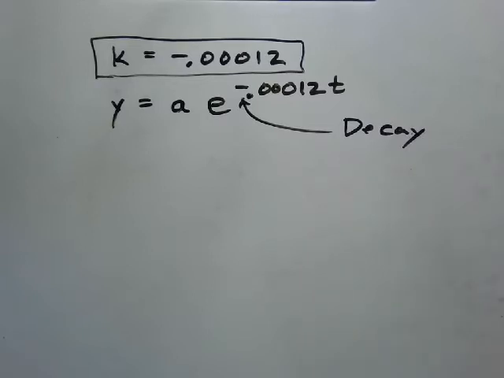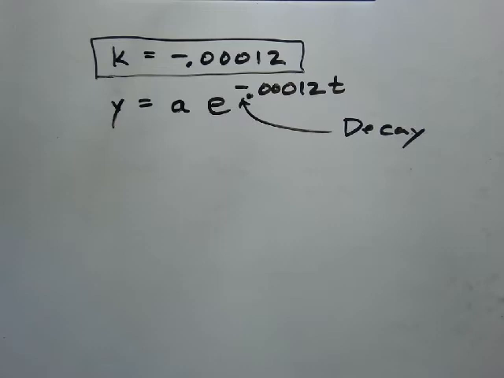All right, the second part of this problem would be, what if we had an item that was a certain age? Actually, rather, if we measured how much was left in an item at a certain point, we could calculate the date. And let's do that.